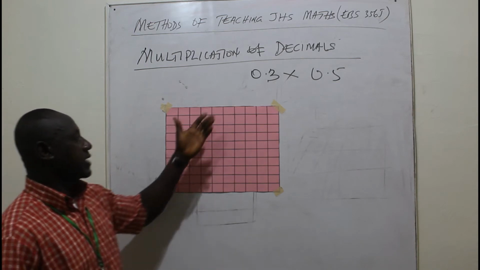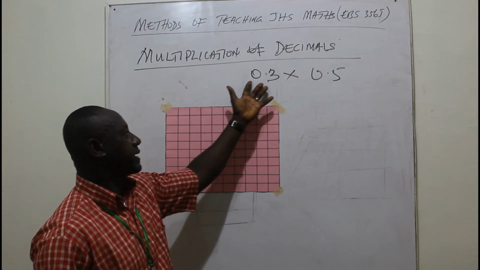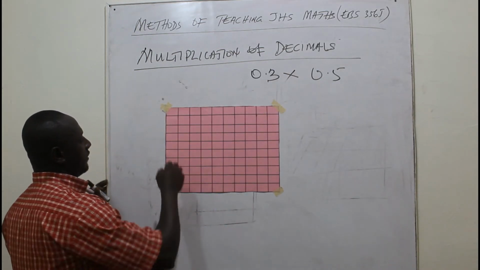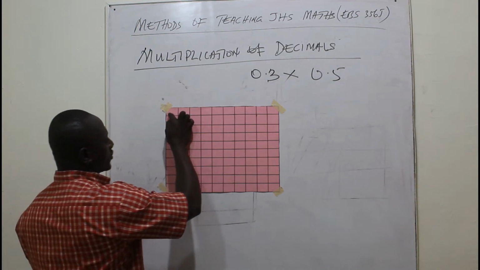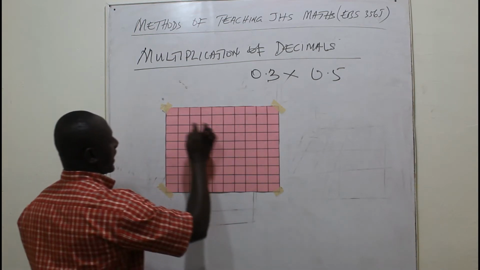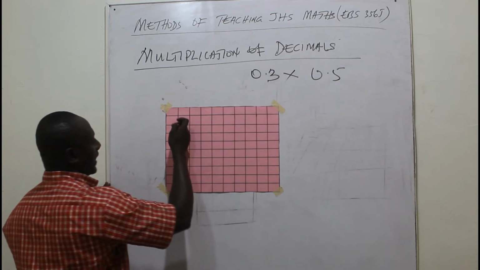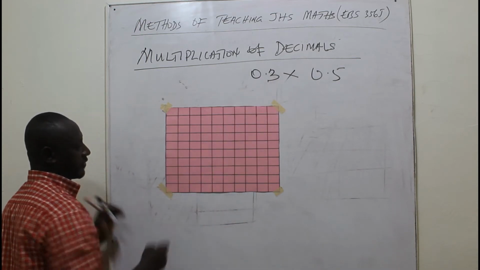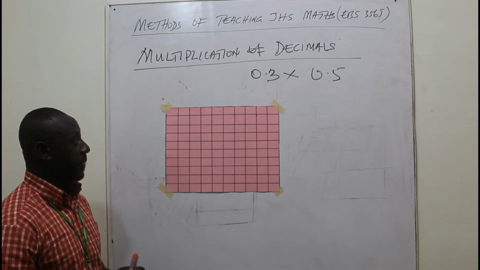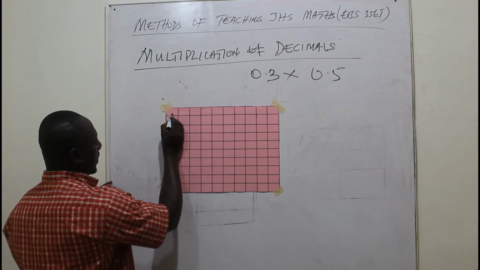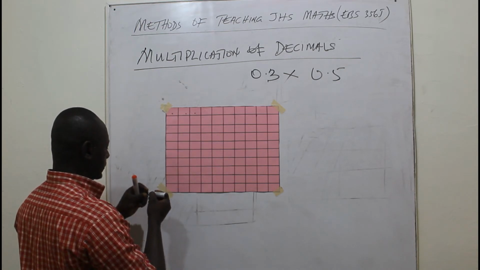Then let's assume I want to get 0.3 times 0.5. So here, I can go horizontally in this way for the 0.3 and come vertically for the 0.5 on the same sheet of paper. If I want to get 0.3, then it means I'll get 1, 2, 3.